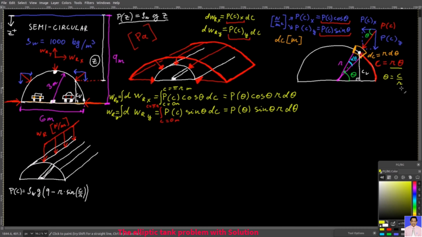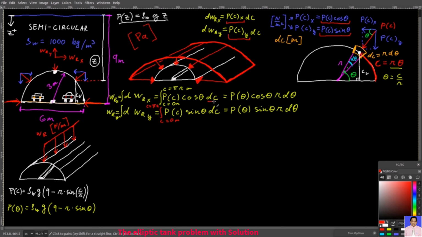but since you know that theta equals c over r and dc equals r times d theta, then instead of c over r here, I can have theta, and then in that case I will have pressure as a function of theta, which is rho w times g times 9 minus r times sine theta.